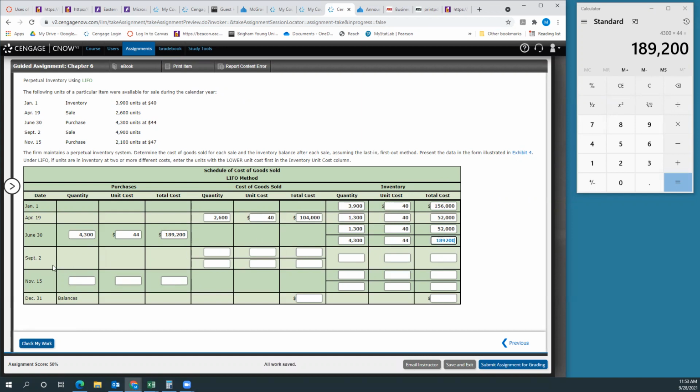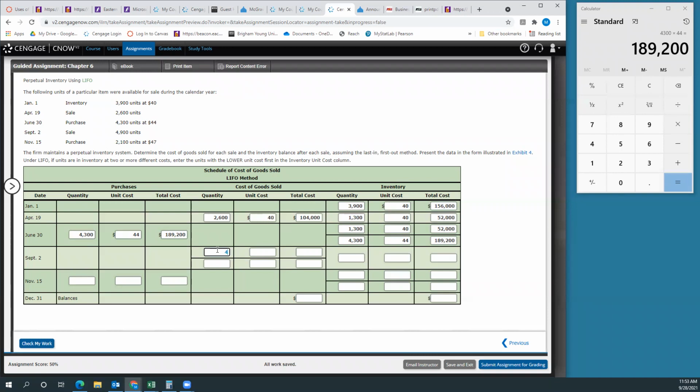On September 2nd, we sell 4,900 units. So now we're back to our question, well, which units did I sell? And in this case, we're using last in, first out. So we're going to assume that the most recently purchased, the last purchased units are the first ones we're selling. So we're going to assume we sold all 4,300 of these plus 600 more of these.